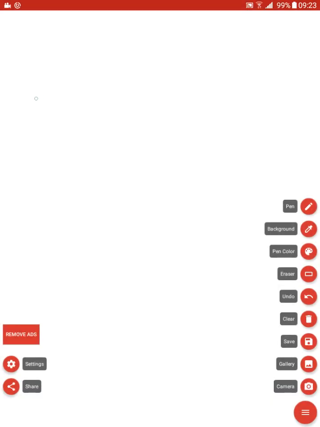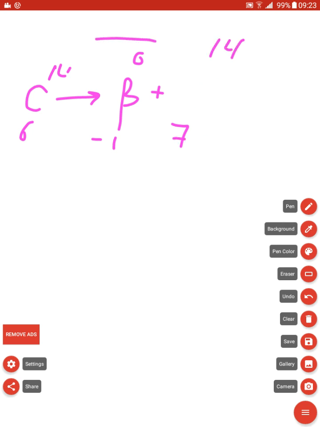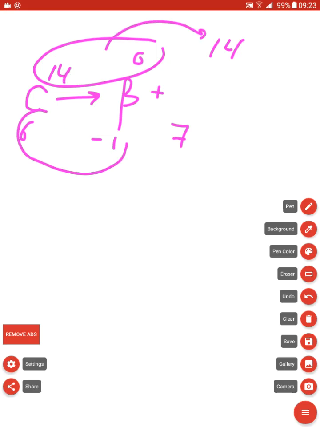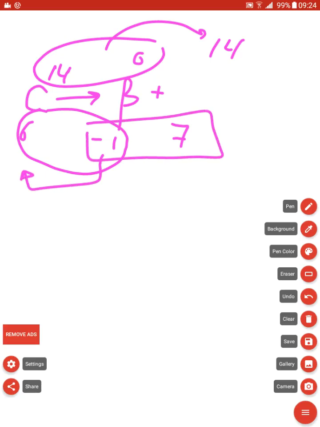We have elements like carbon 14, 6, and it ejects a beta particle, which is -1, 0, plus 7, 14, because 14 plus 0 is 14, and 6 minus, -1, if you take it to the other side, it's positive, or if you add the proton number after, it's 7 minus 1, which is 6. This is nitrogen, sorry.